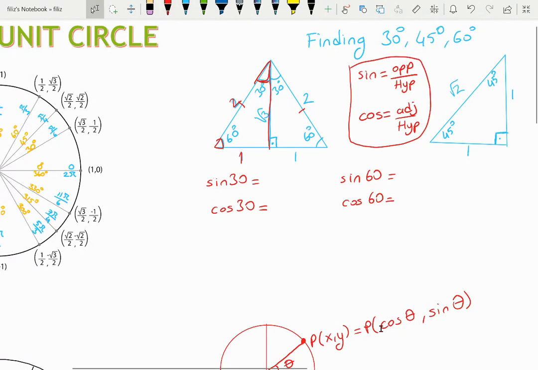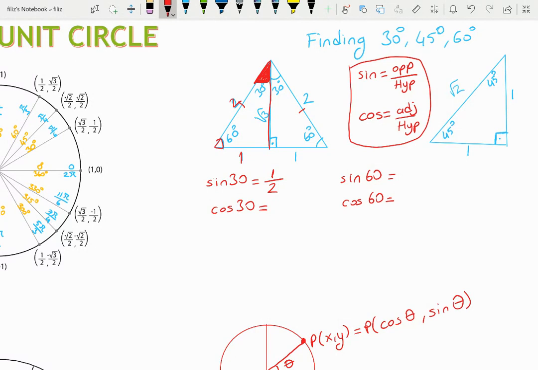Keep in mind. So for sine of 30 degrees, what is my opposite side for sine 30? My opposite side is 1. What is my hypotenuse? It is 2. So I find sine 30 for this triangle.